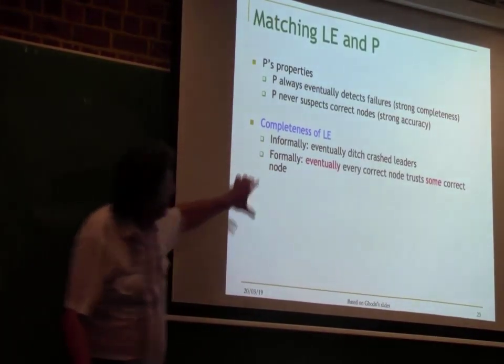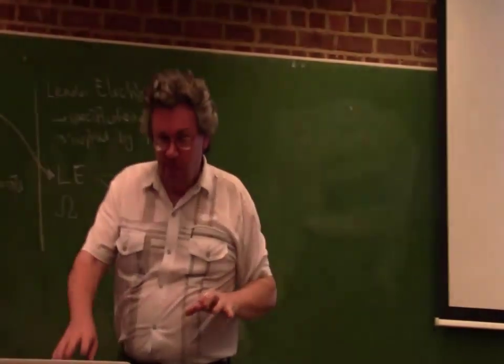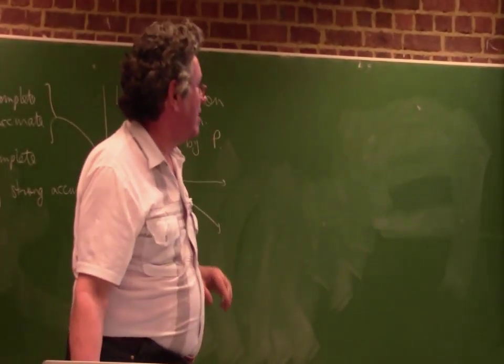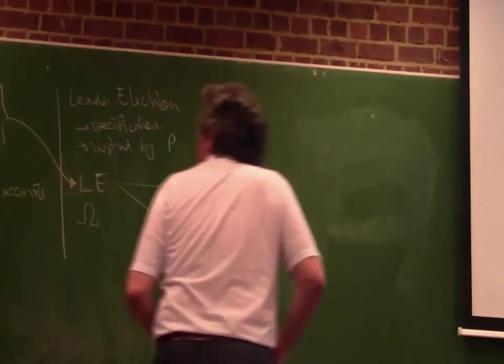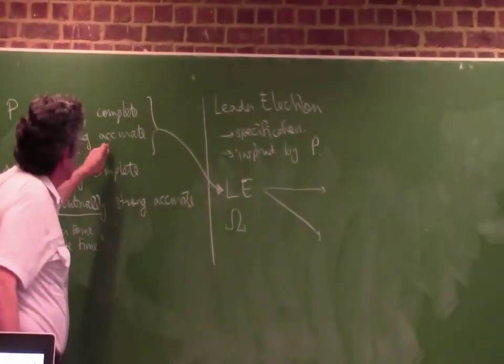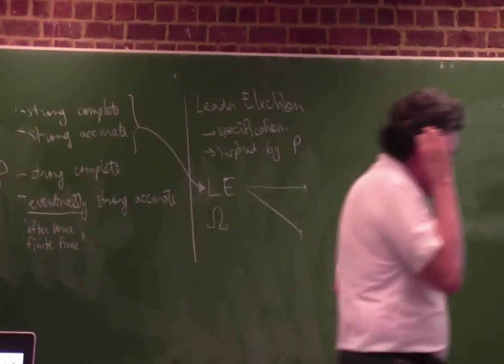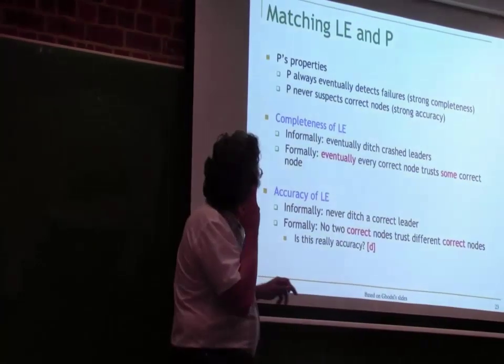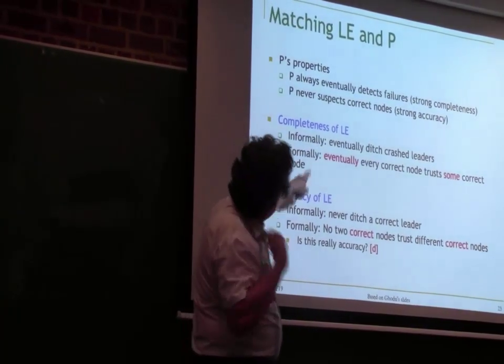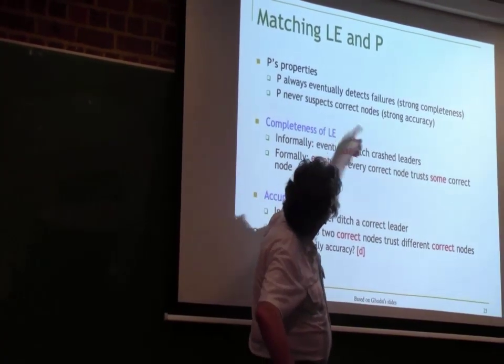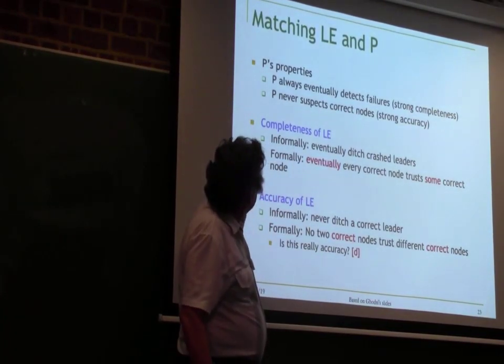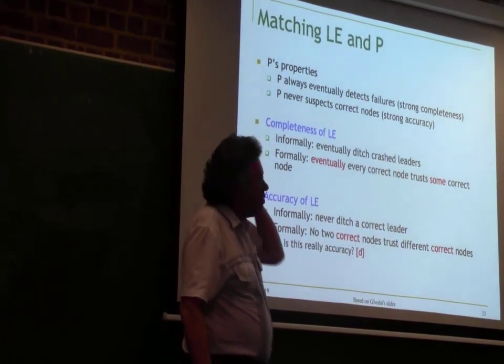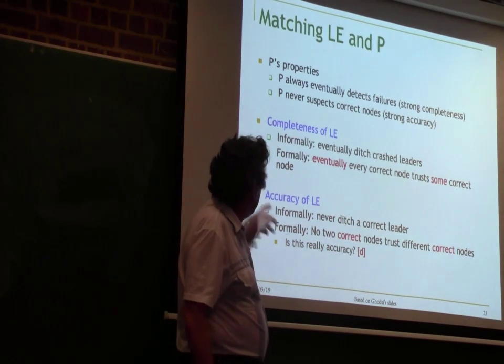Okay, so that's one property, and now we go to the other one, the accuracy. So the accuracy is you don't make mistakes. If you suspect a node, you never ditch a correct leader. You never suspect a correct node. That means if a node is a leader, you will not get rid of him.